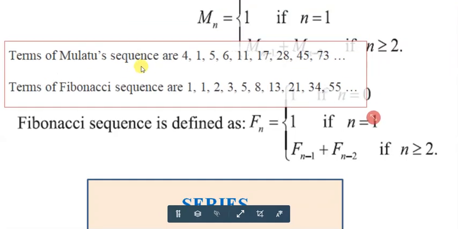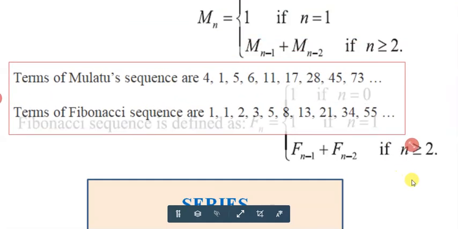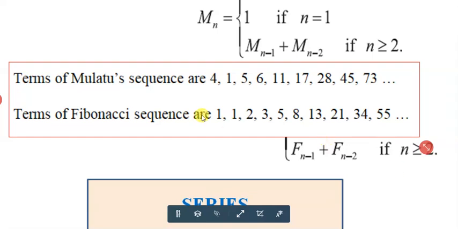Now, as you can see, these are the terms of the Fibonacci sequence. Here, any term can be obtained by adding the preceding two terms.